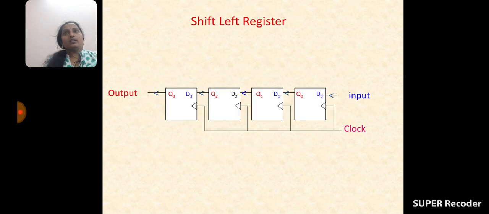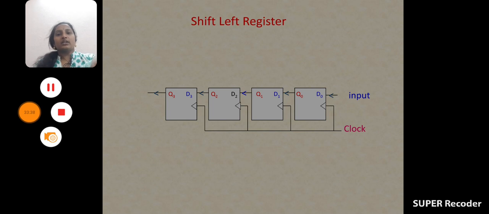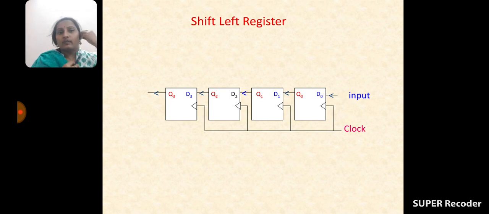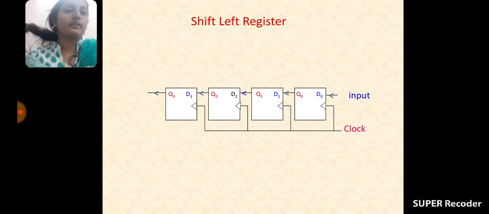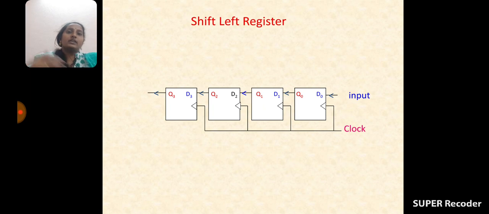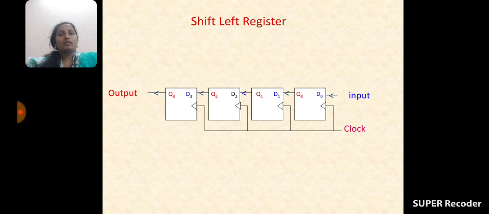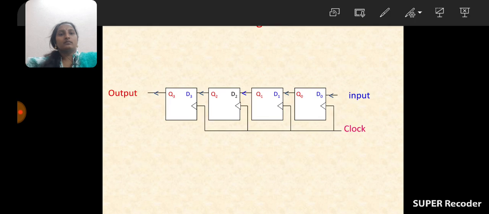Okay, and see here, this is the shift left register. It is constructed with the help of 4 flip-flops. What are the 4 flip-flops? 4 data flip-flops are there. Each flip-flop consists of the input bits D0, D1, D2, D3.